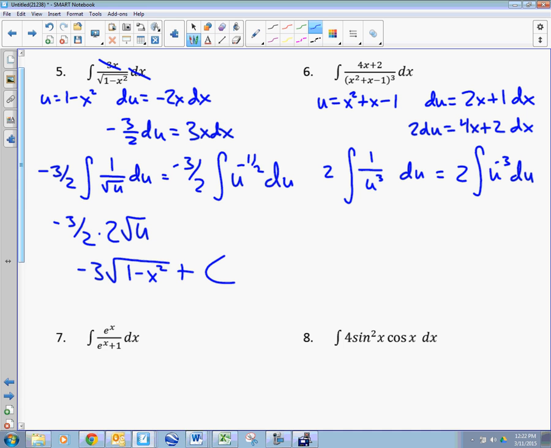So it's u to the negative 2 over negative 2, right? Or 1 over negative 2 times u squared. So we get 2 times 1 over 2 u squared. Sorry, it's negative. Twos cancel. Negative 1 over x squared plus x minus 1, squared, plus a constant.